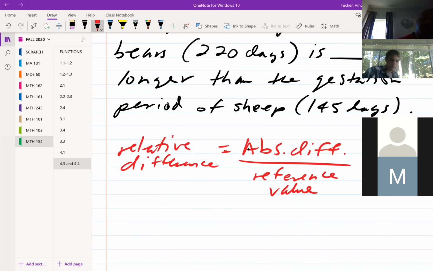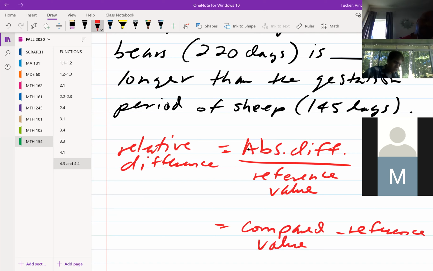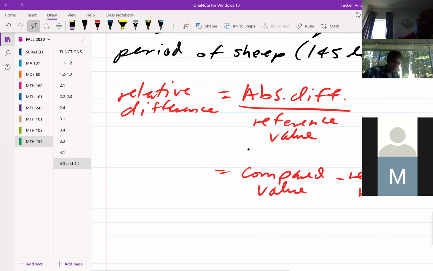All right, so the way you calculate the absolute difference, you would do your compared value minus that reference value. And if you remember what we did before, we had the value that you were increasing to or decreasing to, your new value, minus your original value.